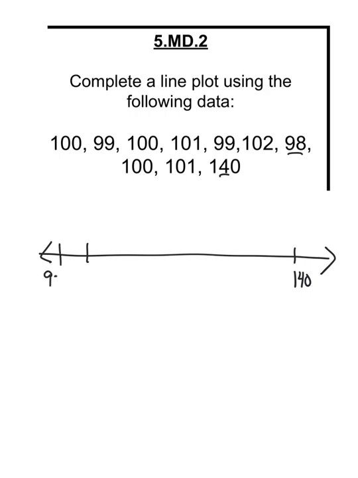I'm going to put this all the way over here. 90, 100, 110, 120, 130. I think that will be good. All right. And then you can put your, let me try to make this a little bit more even. Okay, now remember, the purpose of a line plot is to represent your data in a way that kind of organizes it for the person looking at it.